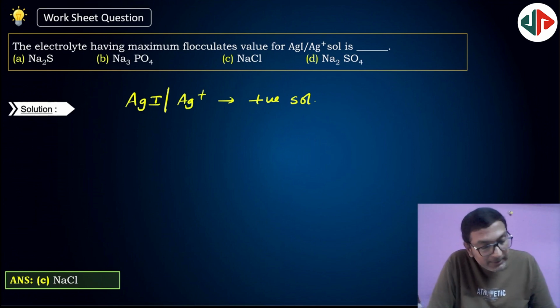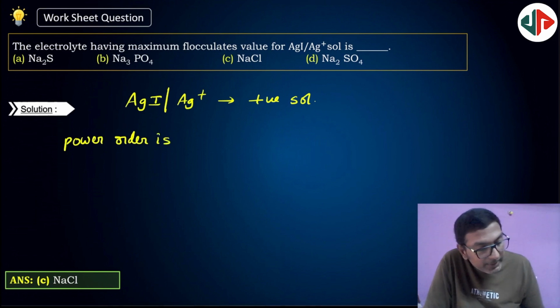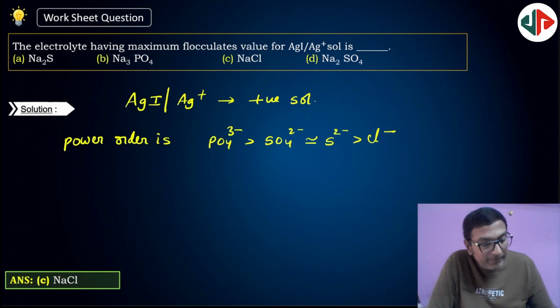So which has maximum power? The coagulating power order is PO4 3-, next SO4 2-, which is almost equal to S2-, after that Cl-.